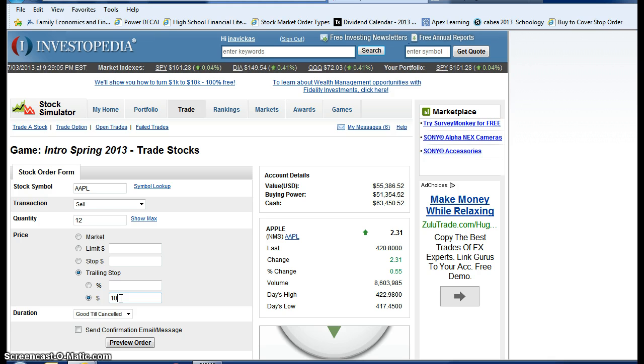So if it's trading at 500 and I put a trailing stop of 10, I've just told the computer to sell the stock when it gets to 490. Now let's say today it jumps to 530 a share, so it had a huge swing today. Now the sell order gets set $10 below 530. So now it's going to trade at 520. It's sitting at 530. If it were to fall to 520, it sells it off because it's $10 from the highest price it reached once I put that order in.